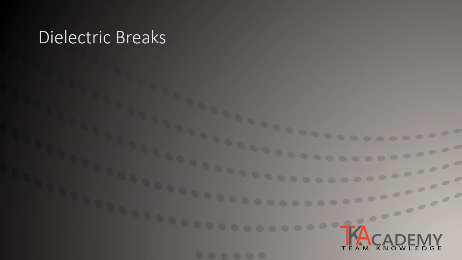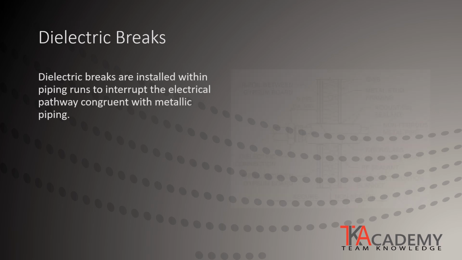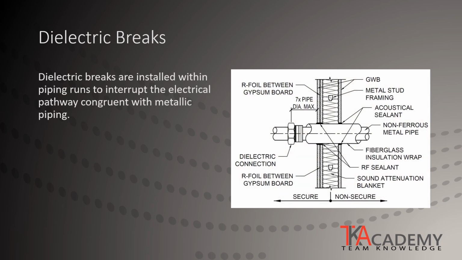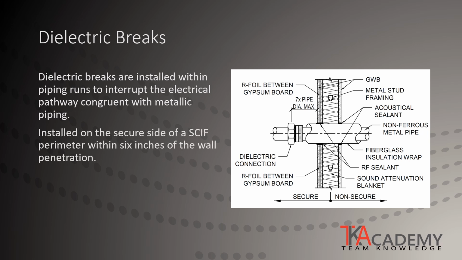When piping penetrates a skiff perimeter, dielectric breaks are installed within the piping runs to interrupt the electrical pathway congruent with metal piping. These are installed on the secure side of the skiff within 6 inches of the wall penetration. The dielectric break is made of non-conductive material, which breaks the continuity of metallic piping and the electric pathway along the pipe.